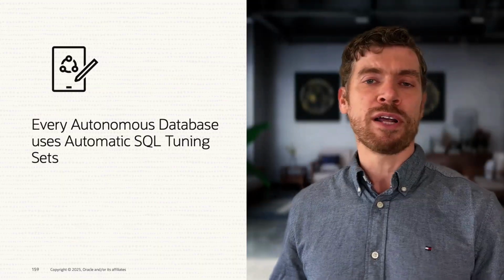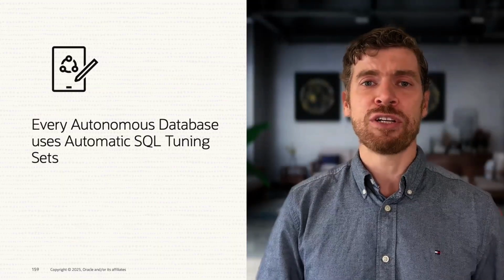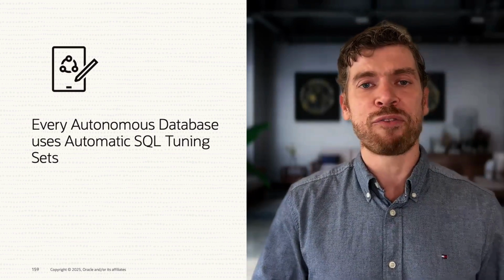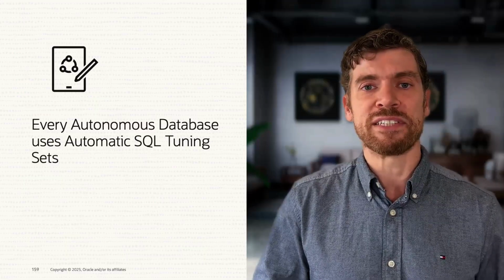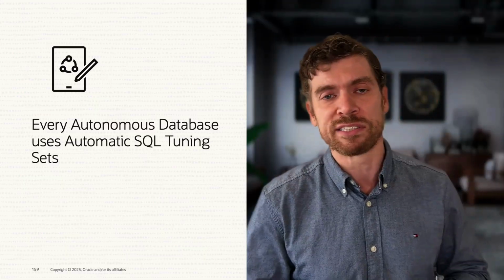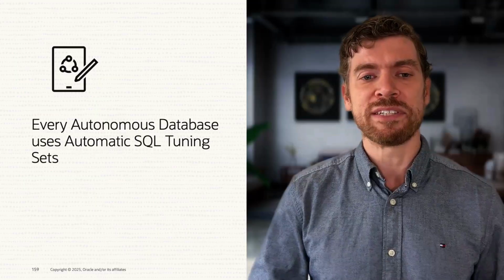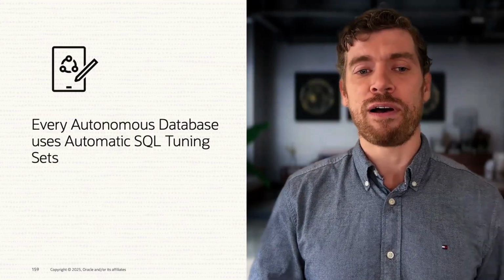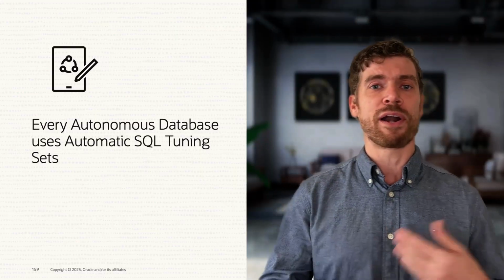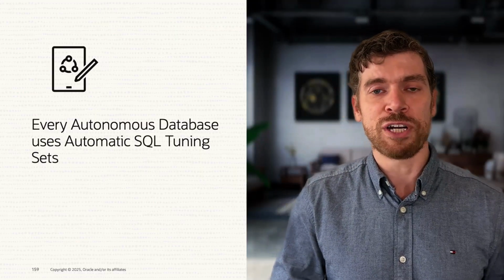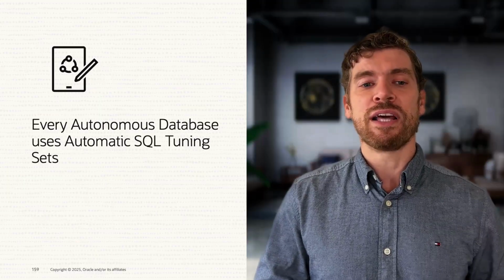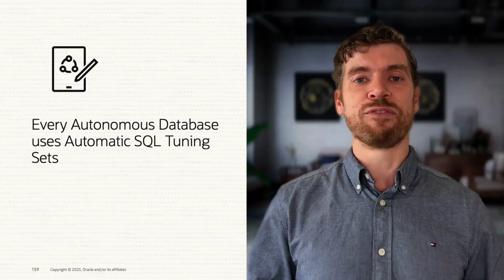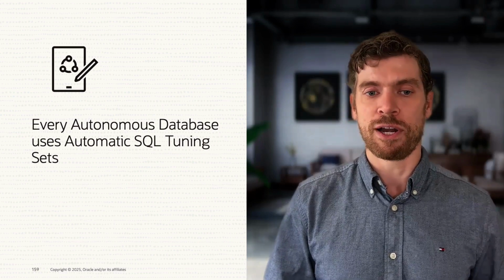While AWR gets from ASH, and ASH has some metrics for getting a query, differently from the automatic SQL tuning set, which will get all the queries. The only exception for the automatic SQL tuning set is those queries with literals, because if you have a query with so many literals running over and over again, generating a different SQL ID, then it's going to restrict collection to only 100 different queries for a force matching hash, okay?